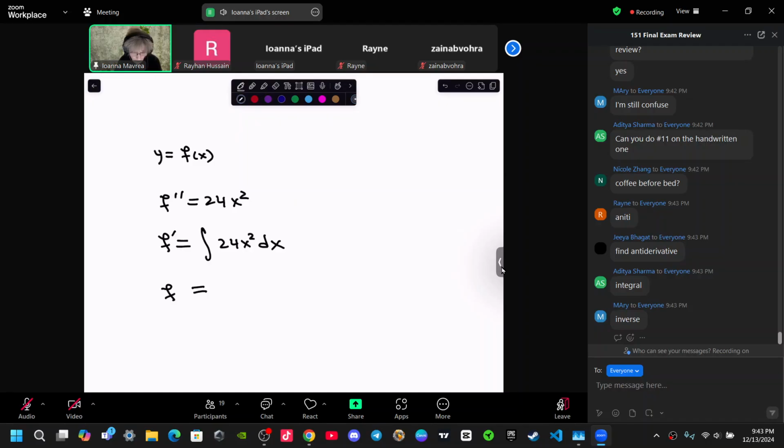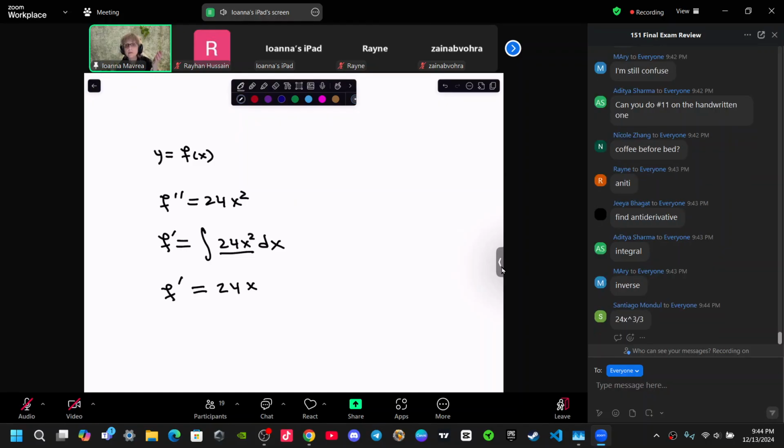So then the first derivative is equal to, let's see, what's the integral of 24x squared? 24 stays. What do I do with the power? Yeah, the third over 3.